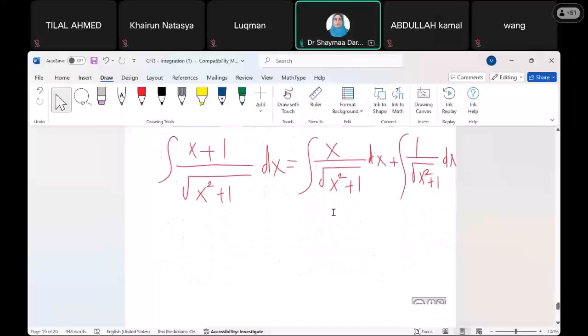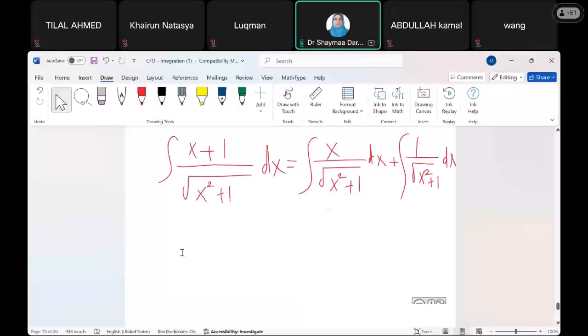Now this part, x over the square root of x squared plus 1, is not a formula because you have x here, not a constant. If you have a constant like this one, it is one of the formulas. But this one we have to use the substitution method, because we have a quadratic expression and here we have x.